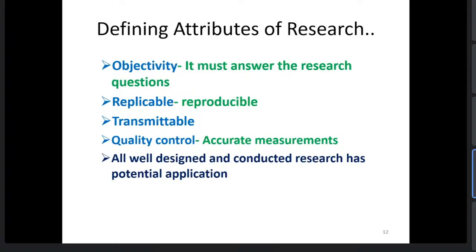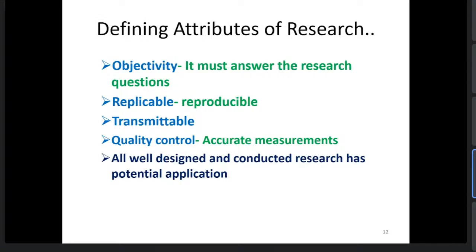That is the novelty of our work, that we have found a new concept in a particular knowledge area. After that, the work may be published in reputed journals like IEEE and Elsevier. It should be reproducible, replicable, and transmittable.